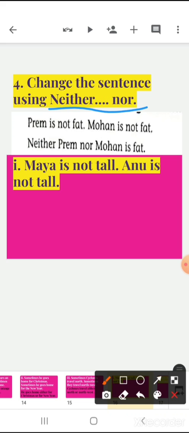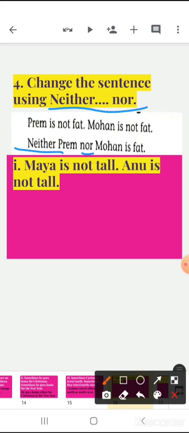Here we have to use neither and nor. Prem is not fat. Mohan is not fat. Neither Prem nor Mohan is fat. So the questions in this exercise we have to do in the same way using neither nor.